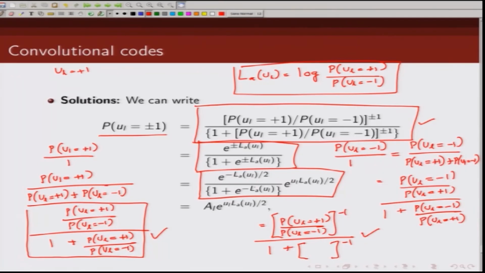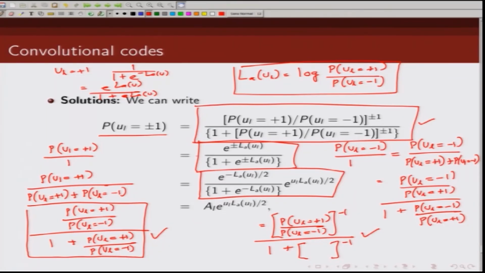So this will be basically 1 times 1 plus e raised to the power minus L_a(u_l), which can be written as e^L_a(u_l) over 1 plus e^L_a(u_l). This is precisely what I have written here. And if u_l is minus 1, this will be e raised to the power minus L_a(u_l) by 2 and e raised to minus L_a by 2. So this term will become, in that case, e raised to minus L_a(u_l) over 1 plus e raised to minus L_a(u_l).